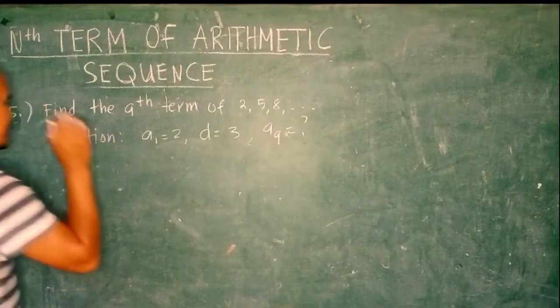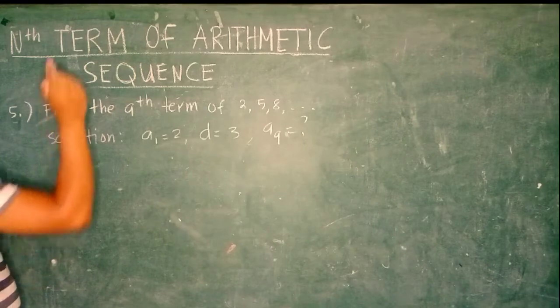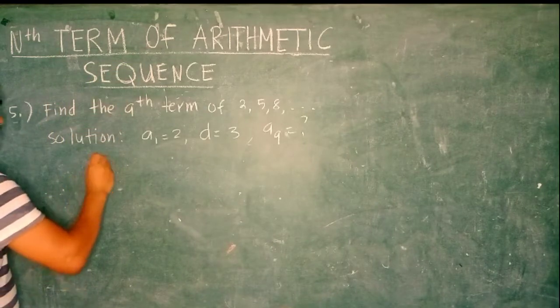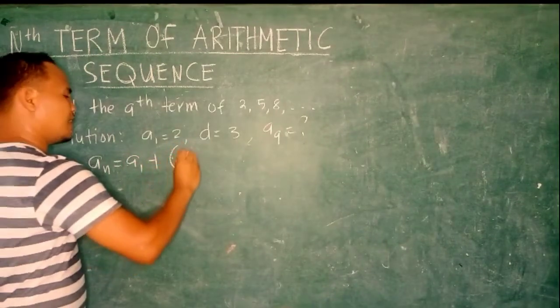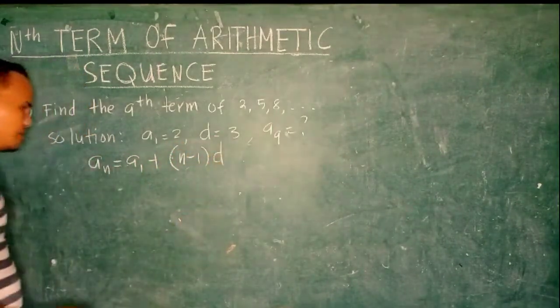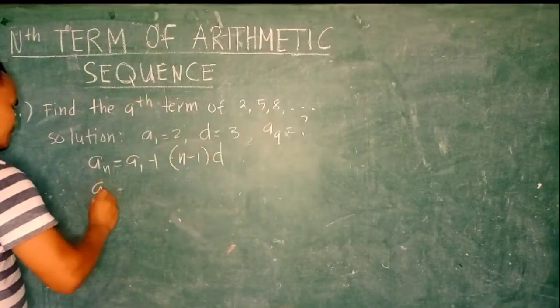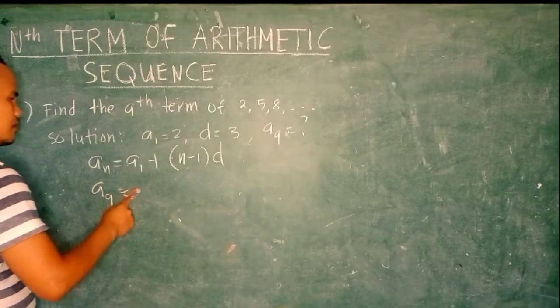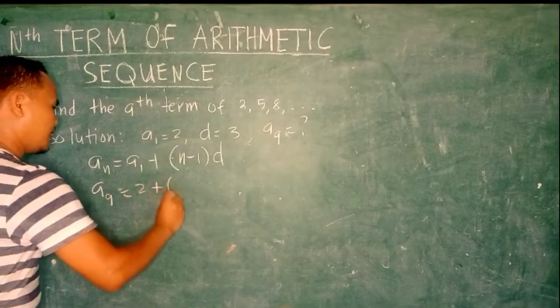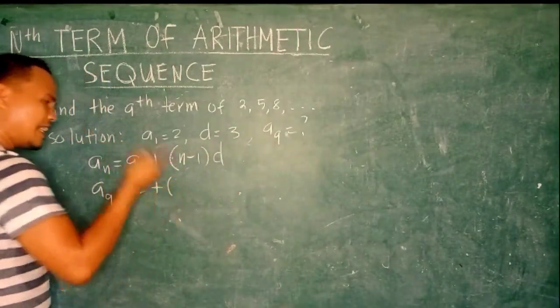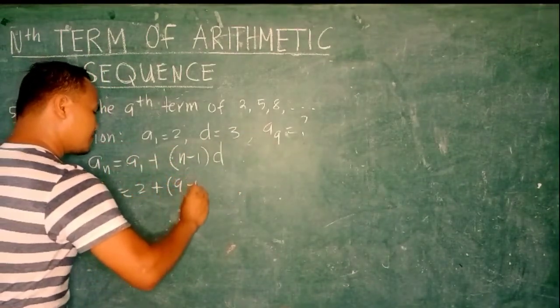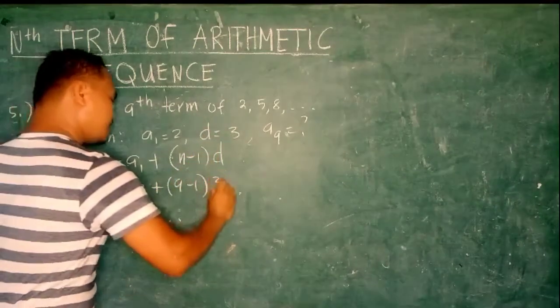Okay? So using the formula for the nth term of the arithmetic sequence, A sub n equals A sub 1 plus the quantity n minus 1 times d. Substitute. A sub 9, or the ninth term, equals the first term, 2, plus, since we are solving for the ninth term, n equals 9, 9 minus 1 times the common difference, 3.